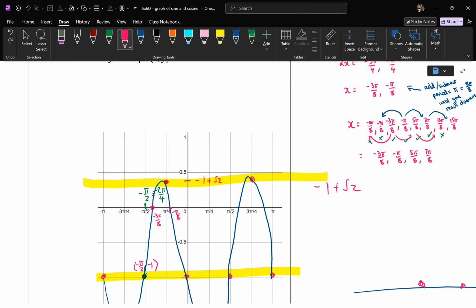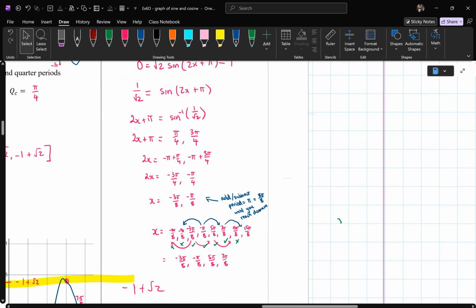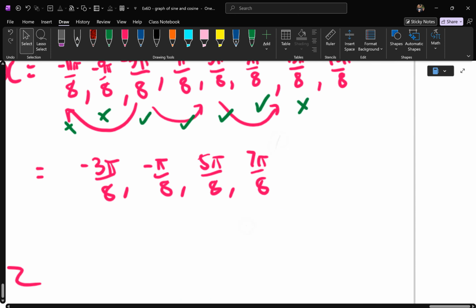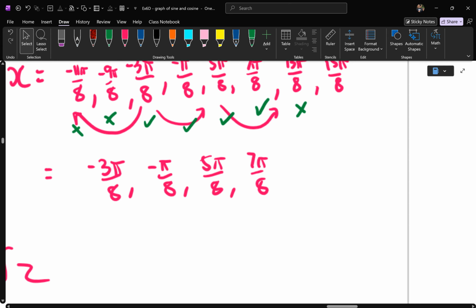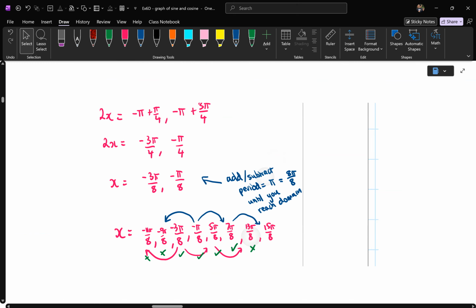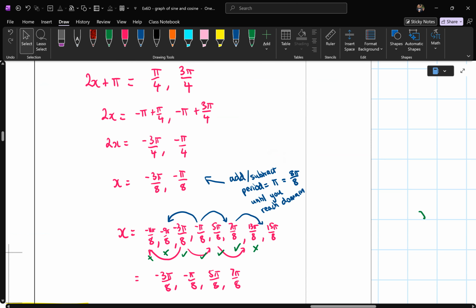What's the next one? 5 pi on 8. And then the last one here is 7 pi on 8. There we go. Those are the answers for the x-intercepts. If you got them right, well done. This should be your 4 x-intercepts, if you were able to calculate it. And there's many ways to calculate it. You don't have to do it my way. It's just the most direct way I teach my students how to do it.